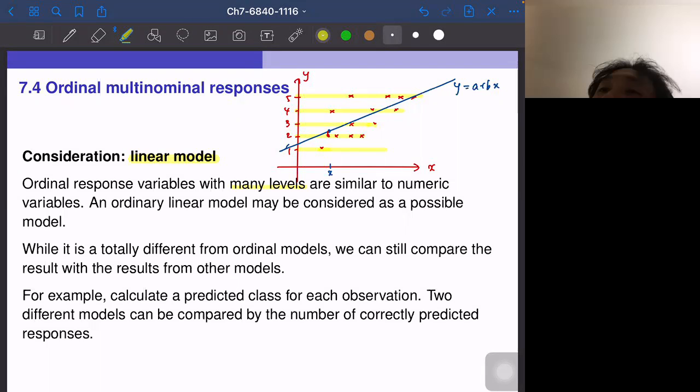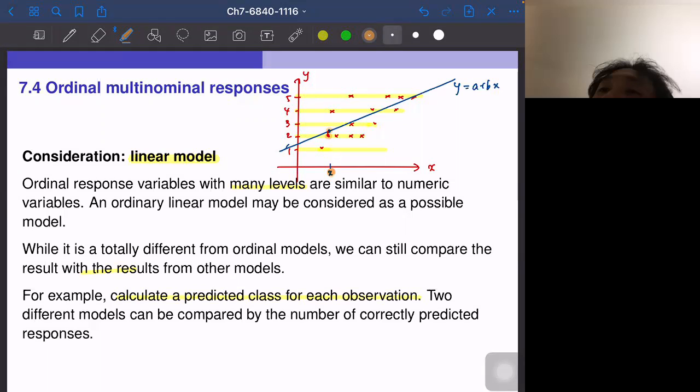For example, we can compare the results by calculating the predicted class for each observation. As we have seen, if the x value is given, maybe the y value is 2.3, but we can interpret it as 2.